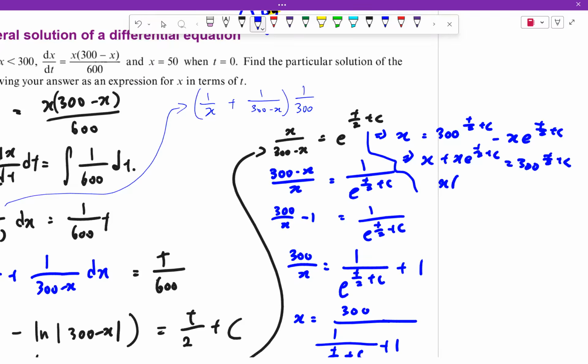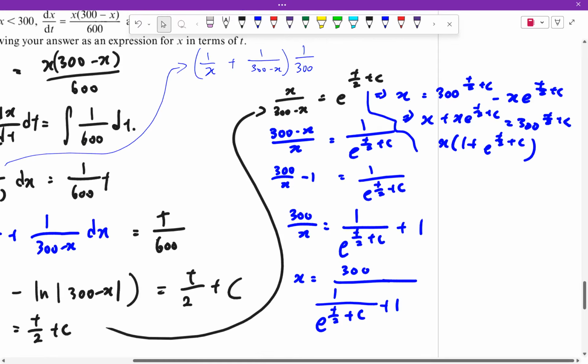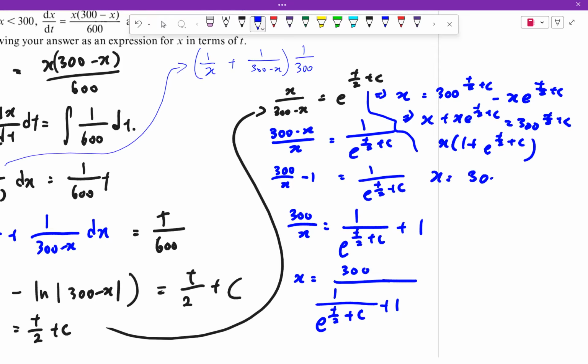Then x equals 300 e to the power of t over 2 plus c over 1 plus e to the power of t over 2 plus c, like that. That's the second method, which you can see is also messy. Yep, they're both messy.